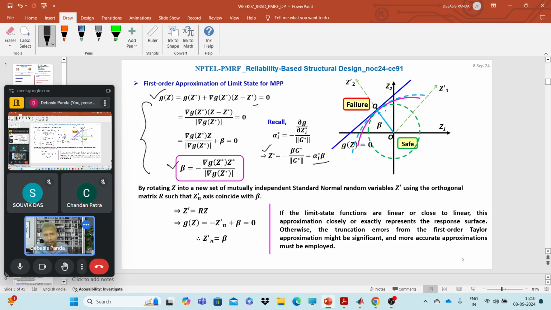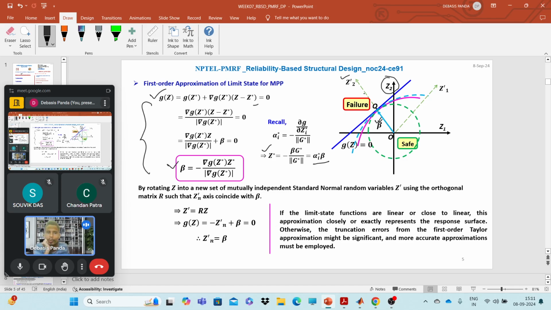Now the thing is, if we rotate this z coordinate, that means the standard normal space, to another coordinate z prime using some rotational matrix, or we can say we apply some orthogonal transformation to the z space and rotate this z space such that the last variable in z, that means the final design point which we get from the first order reliability analysis, coincides with the beta value.